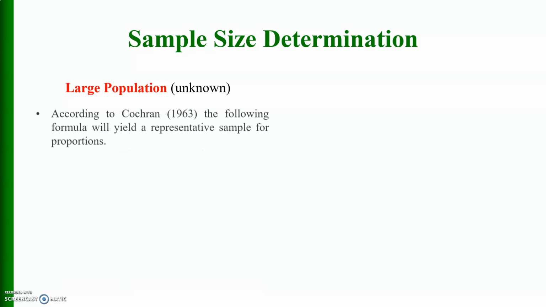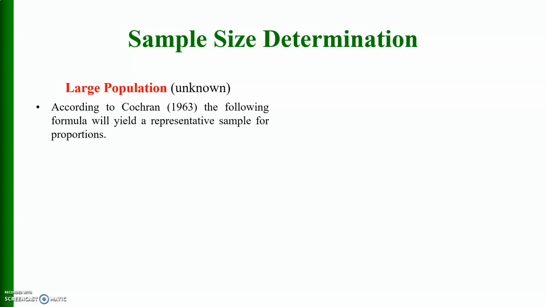So the sample size poses a problem, so it must be understood by them. Now we may have a larger population, and that may be unknown, or we may have a small population and that may be known. So for these we have different formulas.